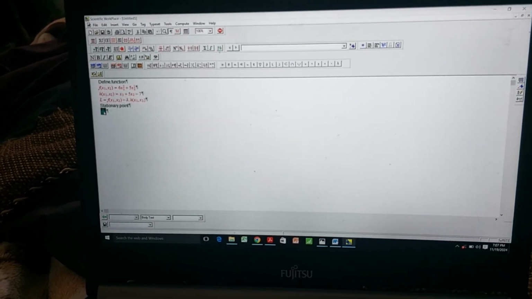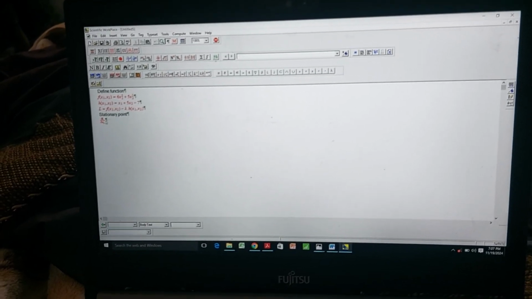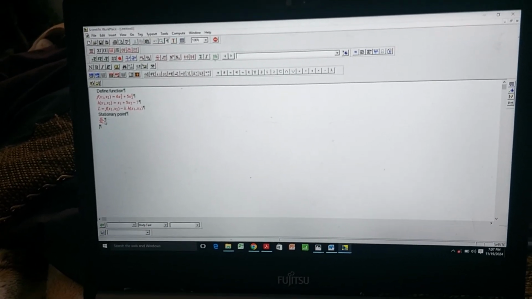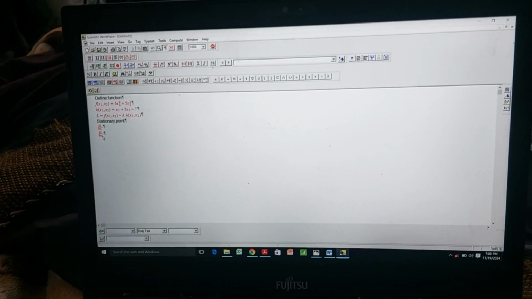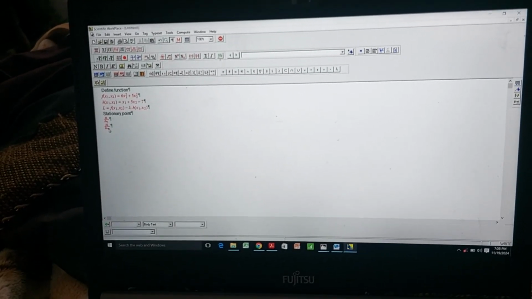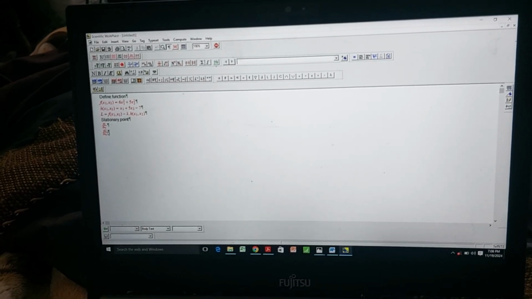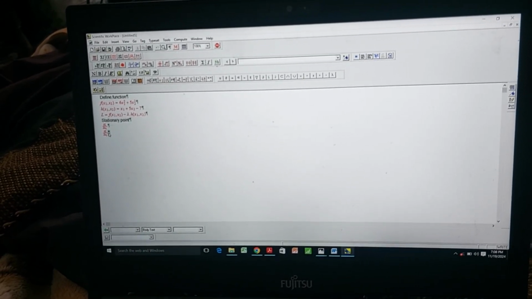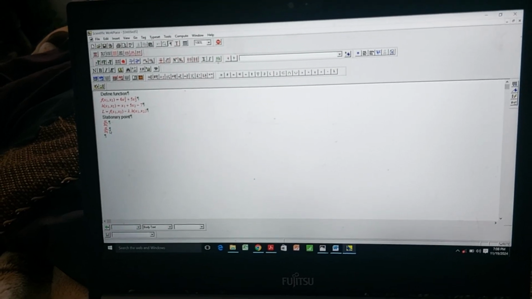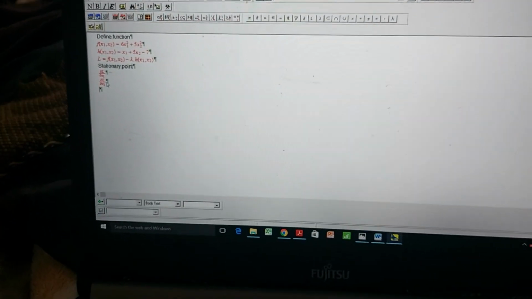Also I need this partial derivative with respect to x2. For this I copy that, delete the 1 and put 2 instead of 1. So now my term is ready.